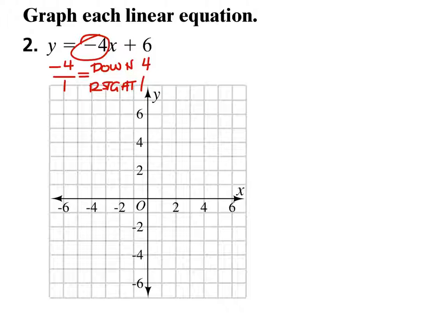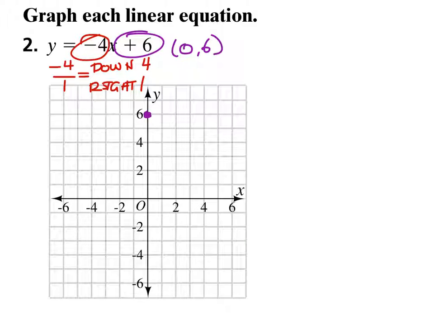It's going to have that pattern, but where does it start from? That's where the y-intercept comes in. The y-intercept is positive 6, so it's going to go through the point (0, 6) on the graph. So where x is 0, y is 6, which would be this point right here.